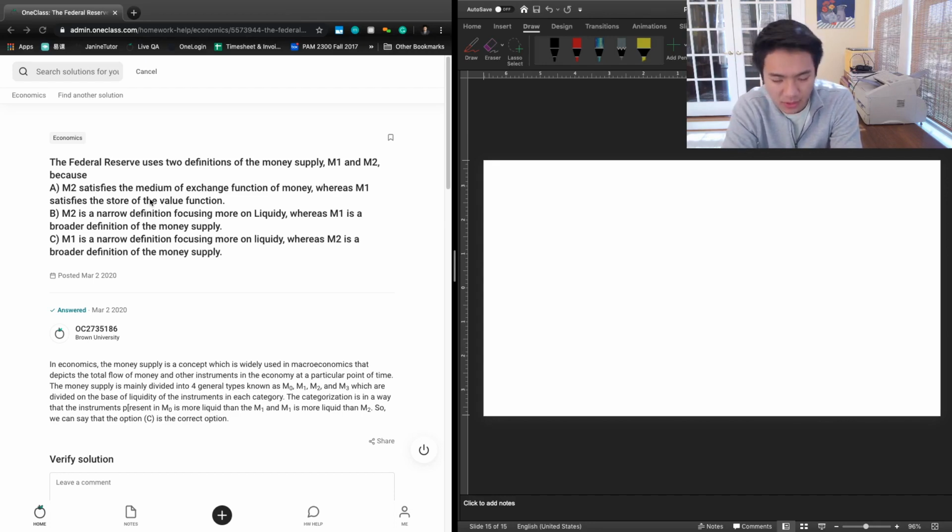So first thing we have to know is which one's broader, right? And so the answer to that is M2. M1 is a more narrow definition of the money supply, and then M2 encompasses all the types of money that are included in M1 and more, right?